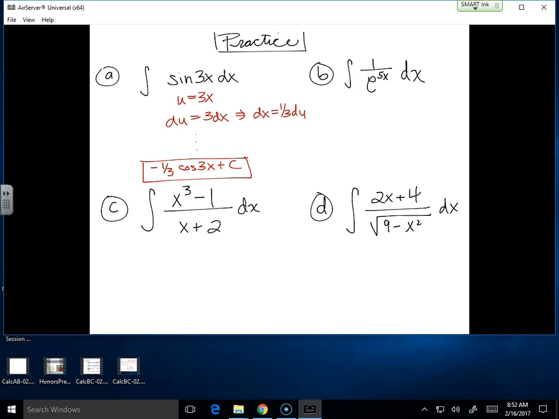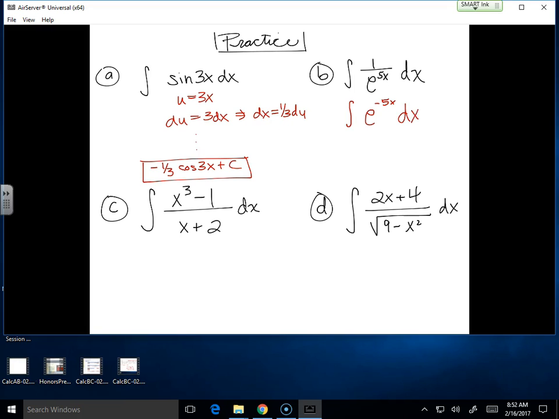For letter B, ln? Nope. Rewrite. If you just have a 1 over e to the, we can always make it e to the negative. And why does that make life so much better?